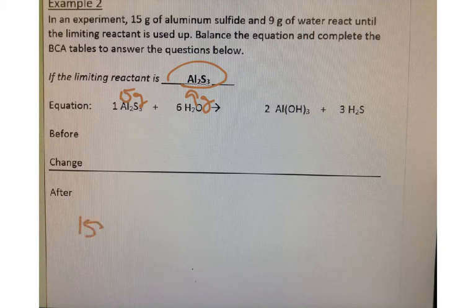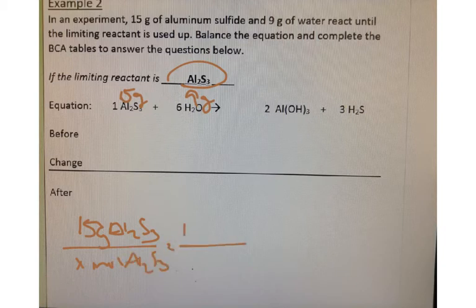So I've got 15 grams of aluminum sulfide, and I want to figure out how many moles of aluminum sulfide that is. So I'm going to set that proportionally equal to the molar mass, which is 150.3 grams for aluminum sulfide. And I know that would be for 1 mole of aluminum sulfide.